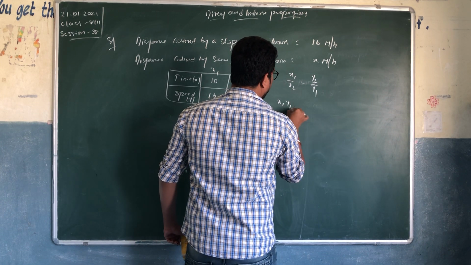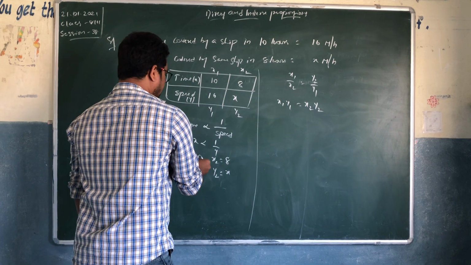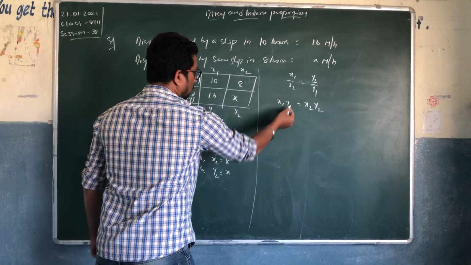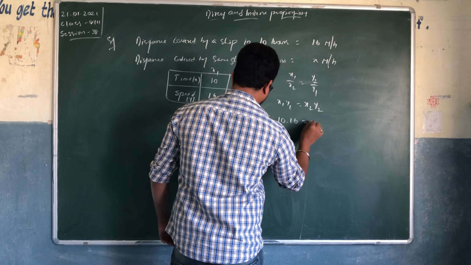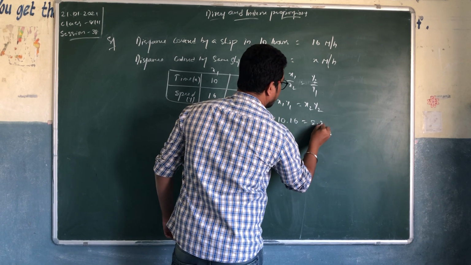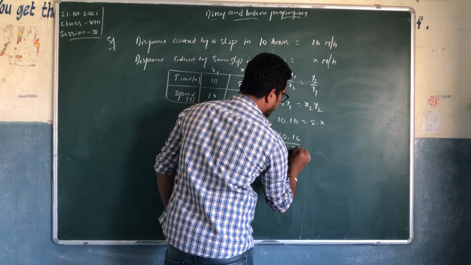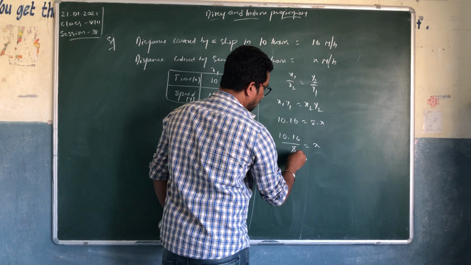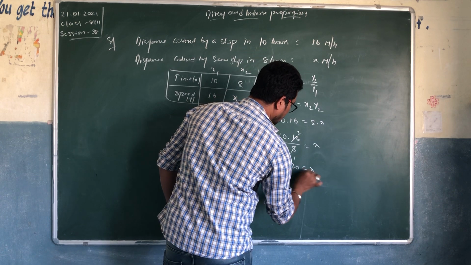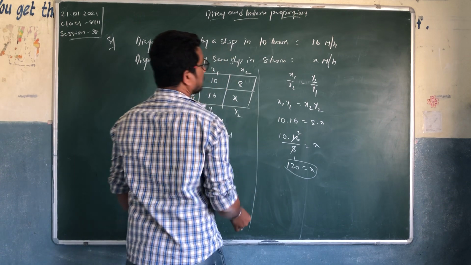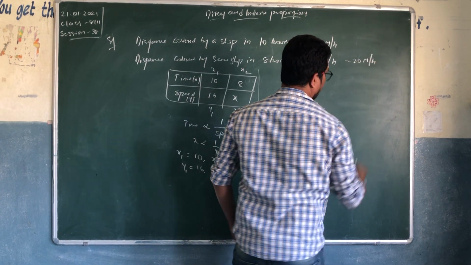Now x1 y1 is equal to x2 y2. 10 into 16 is equal to 8 into x. 10 into 16 by 8 is equal to x. 8 twos are 16, 10 twos are 20. So 20 is equal to x. Now we got the x value as 20 miles per hour, right?